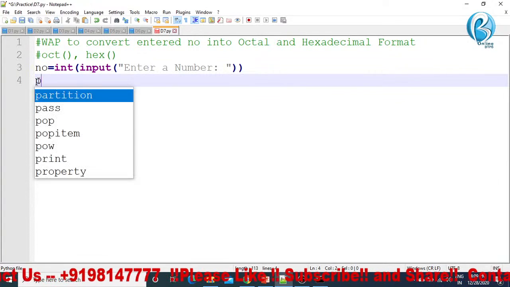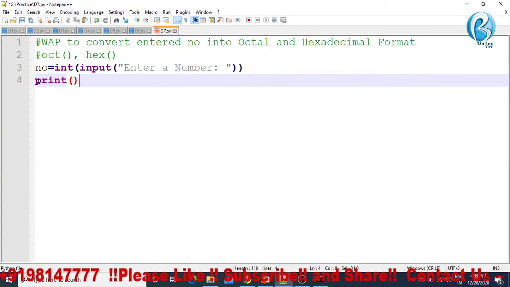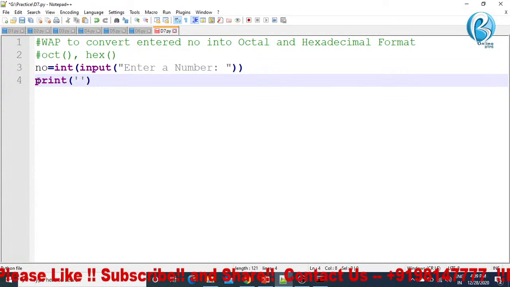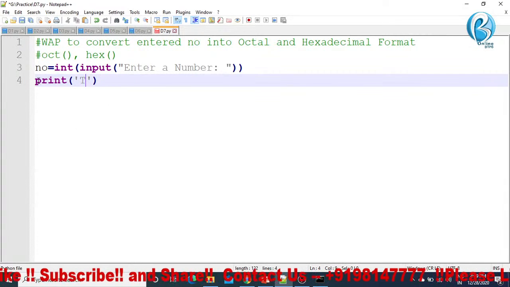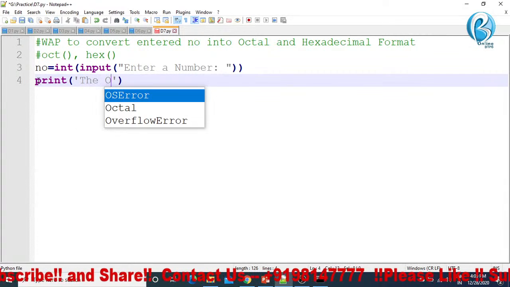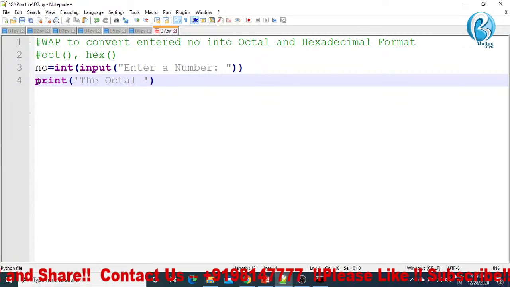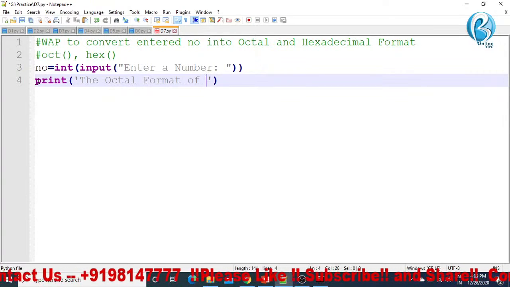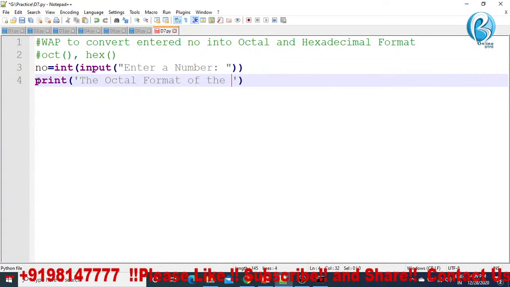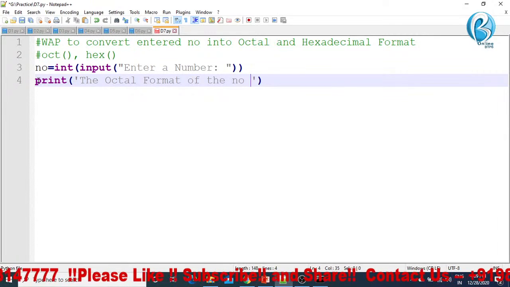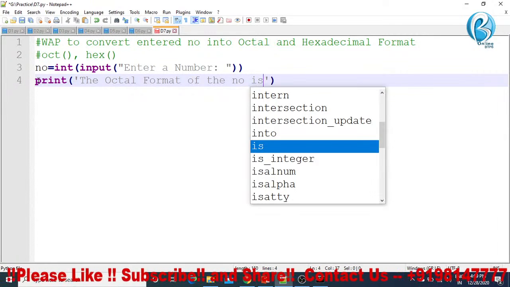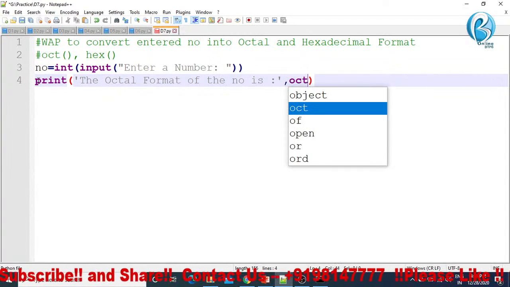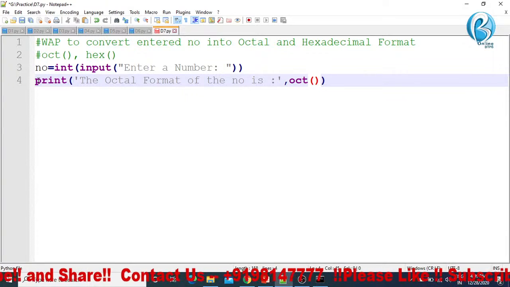So we will write what? Print. We can write in this format, right? The octal format of the number is colon, comma, oct of number.